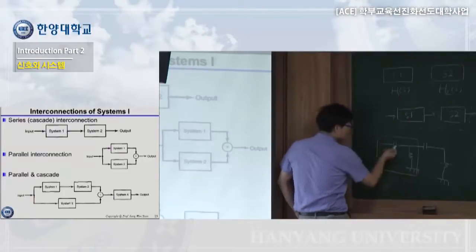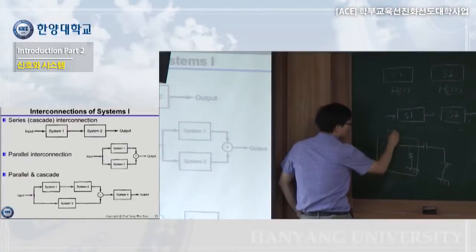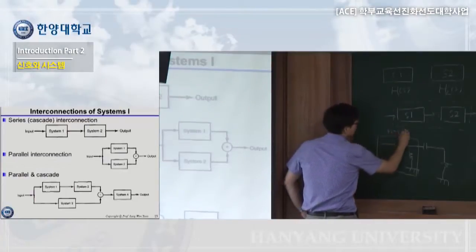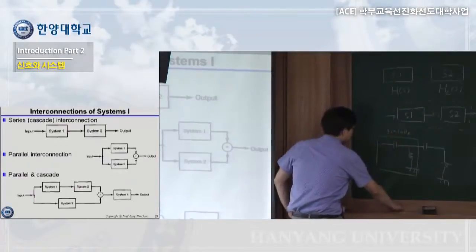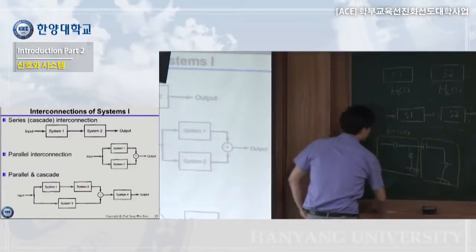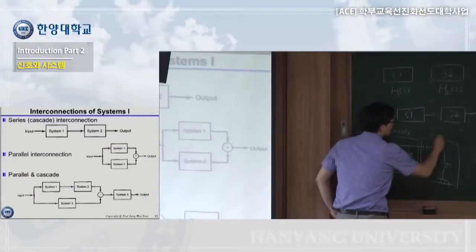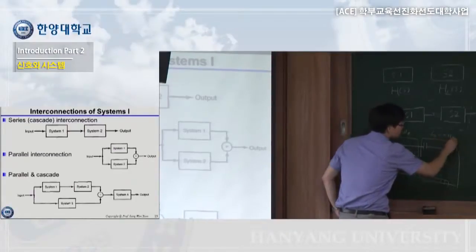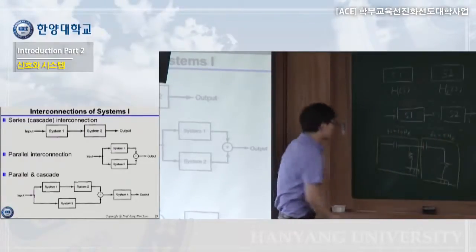So here, this system, we assume that its cutoff frequency is 10 Hz. Here, our second system has a cutoff frequency of 5 Hz. Okay?